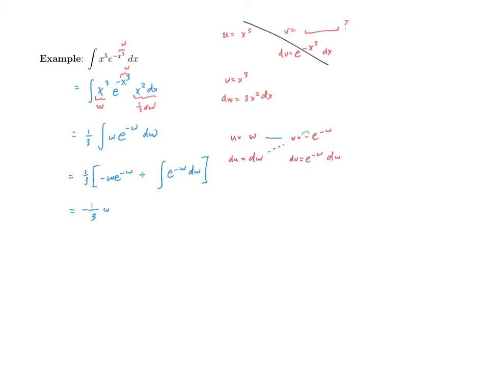So distributing through the 1/3, the antiderivative of e to the minus w is minus e to the minus w, and we have our plus c. And note, we're not quite finished because we need to resubstitute. So we will make each and every w an x cubed. So finally we have minus 1/3 x cubed e to the minus x cubed minus 1/3 e to the minus x cubed plus c.